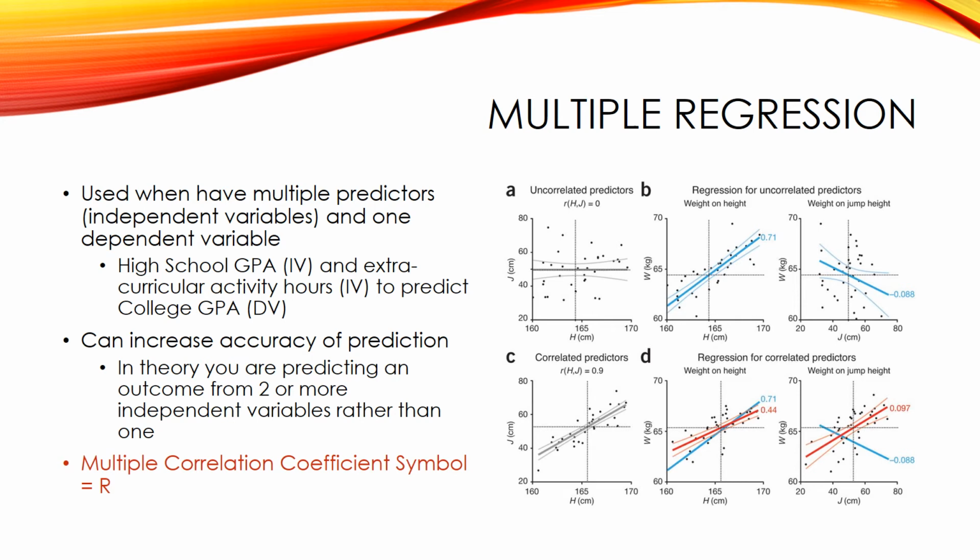So now what we're going to do is add in extracurricular activities to see if we can predict GPA. And in many situations, you can use this to increase your accuracy in your prediction of college GPA. So in theory, you are predicting an outcome from two rather than just one independent variable. And the multiple correlation coefficient symbol for multiple regression is a capital R.